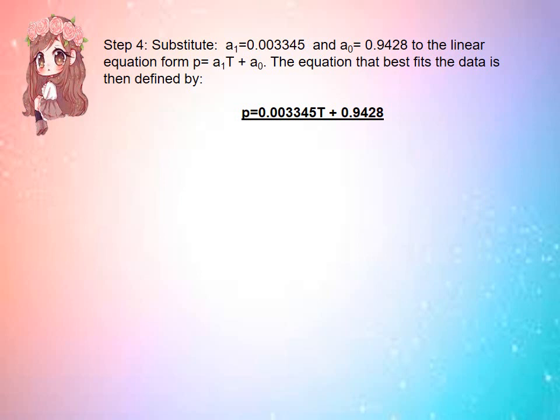Now, knowing this, in step number 4, simply substitute A sub 1 equals 0.003345 and A sub 0 equals 0.9428 into the linear equation form P equals A sub 1 T plus A sub 0. So the equation that best fits the data is defined by P equals 0.003345 T plus 0.9428.